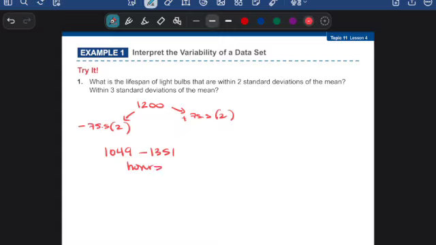And then for 3 standard deviations, we're going to do 75.5 times 3 plus or minus from 1200. And we would get an interval of 973.5 hours through 1,426.5 hours. So that's standard deviation, above the mean or below the mean.